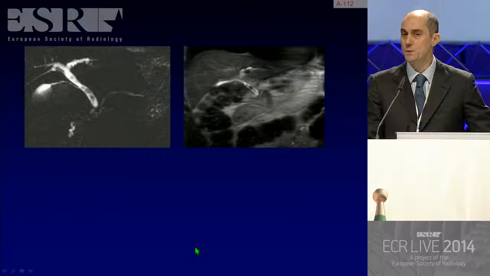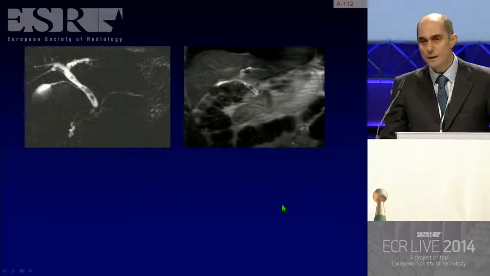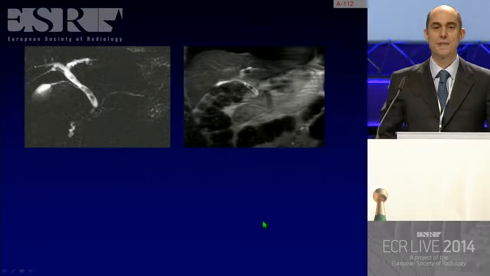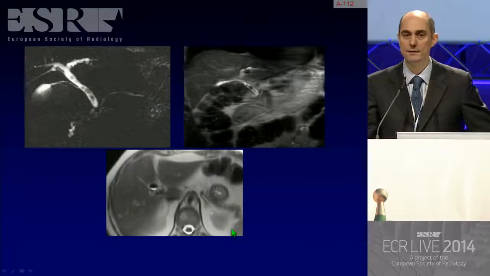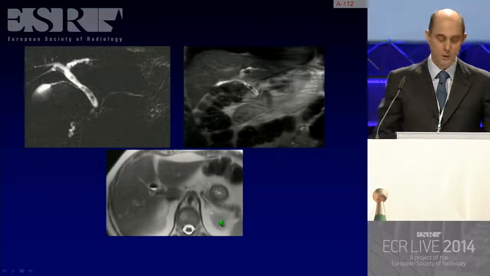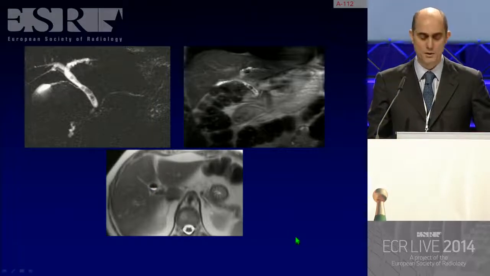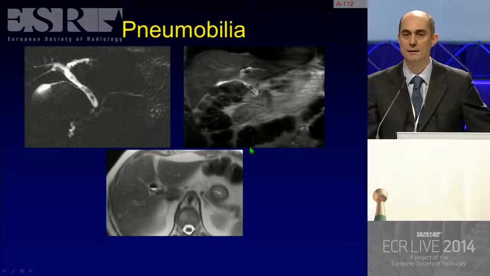Are these stones? Well, on these images it might be difficult, but if we combine these images with the axial T2 weighted image, this is what we see. We do see an air fluid level, because in this patient, the patient had pneumobilia.